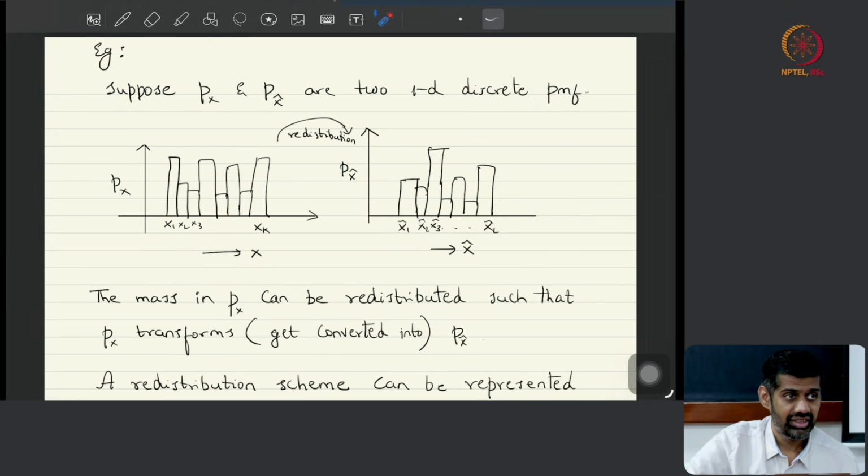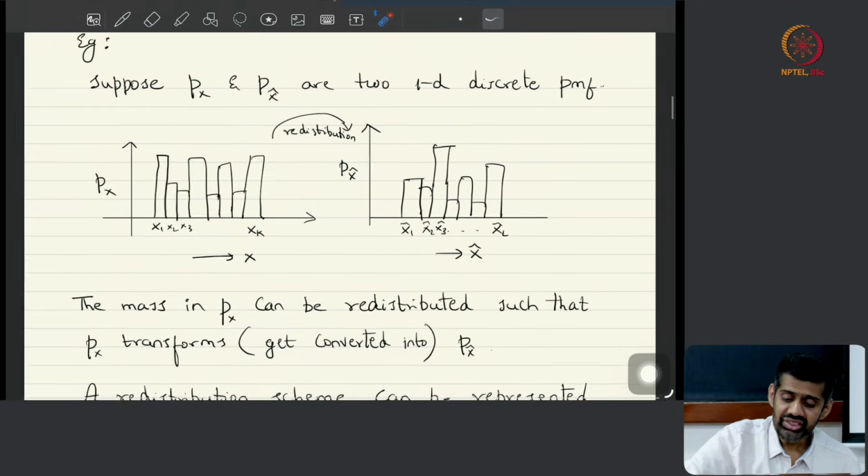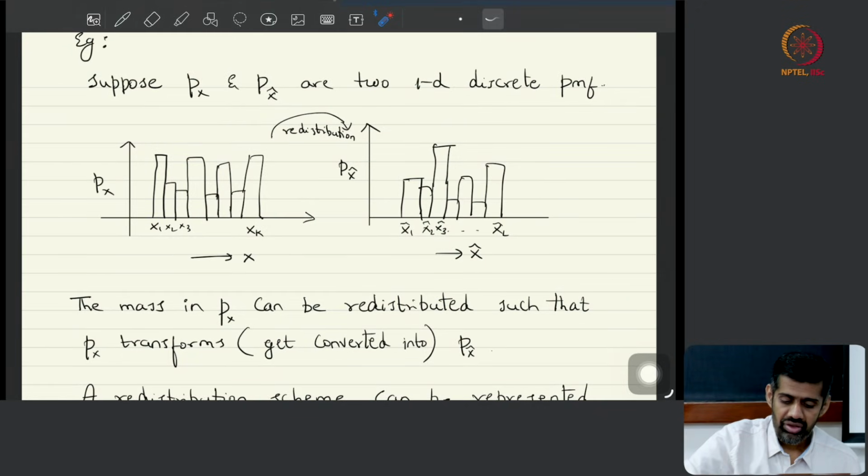We are interested in measuring how far or close these two probability mass functions, which are supported in one dimension, are. They are both discrete distributions, and this is how they look, let us say both histograms. Now consider this question: is there a way that we can redistribute the mass in Px such that it transforms itself into Px cap?